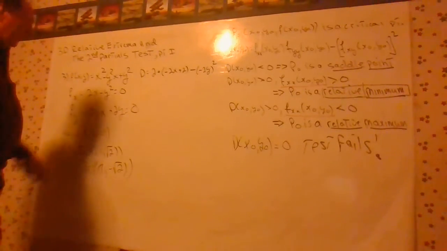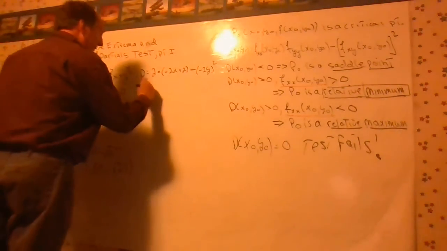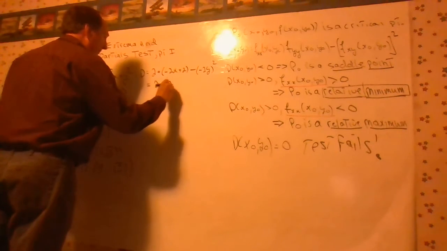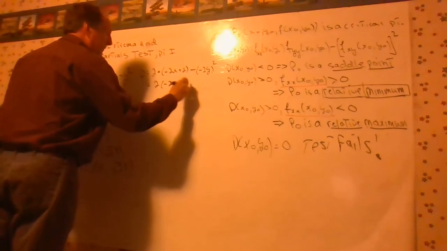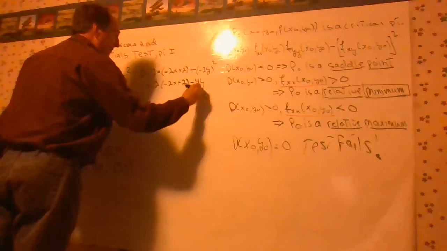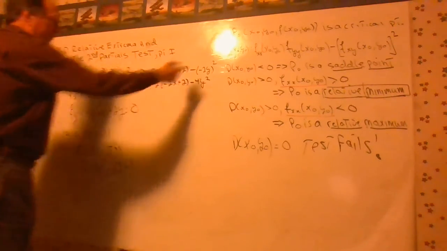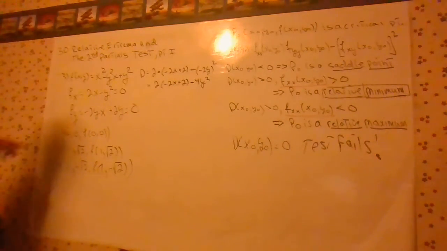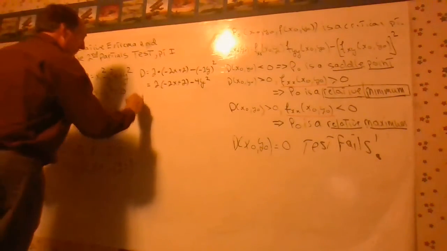And now we can simplify this a little bit. I'll keep this in factored form. Minus 4y squared. The square gets rid of that negative 2.